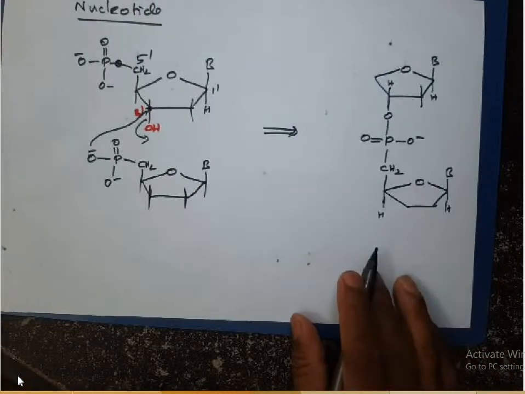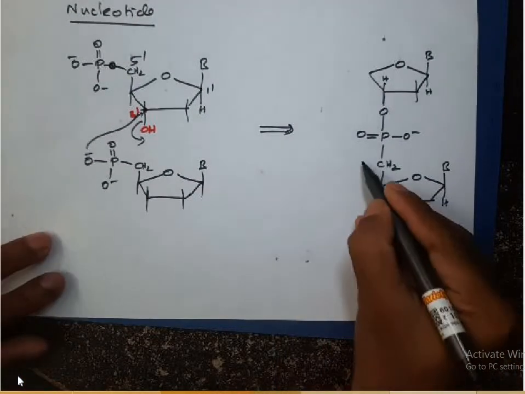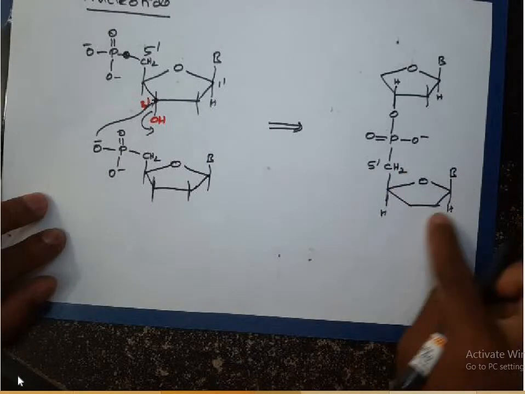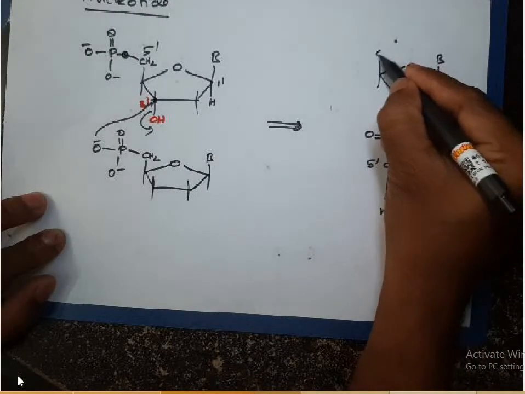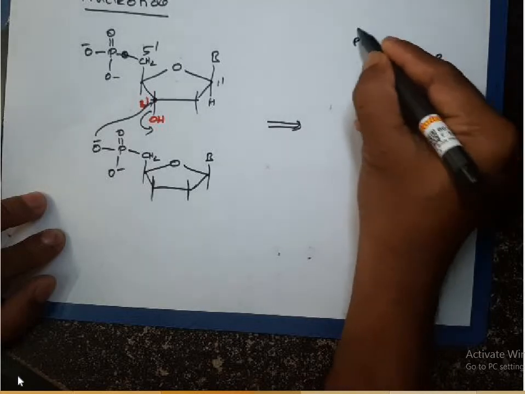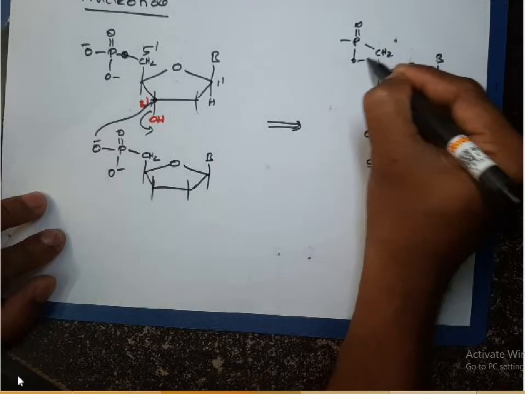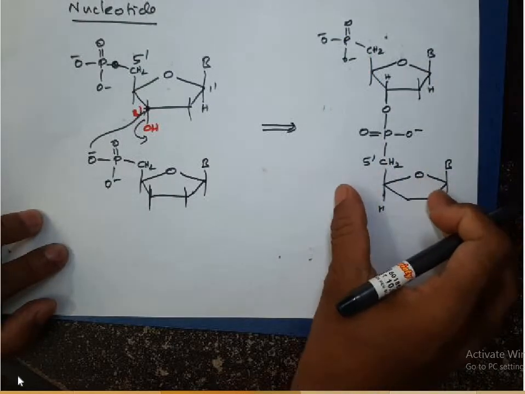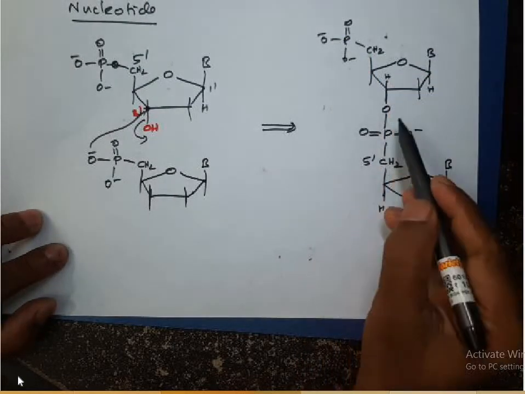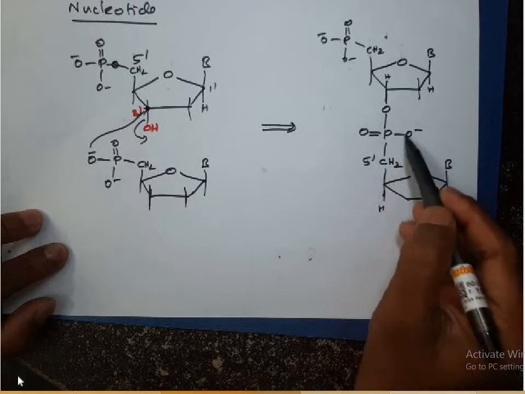Okay, students, is this clear? Any doubt? This is 5' carbon of second ribose unit, and here we have CH2, P double bond O minus. This is the first nucleotide. This is the second nucleotide. They join together through a phosphate unit.